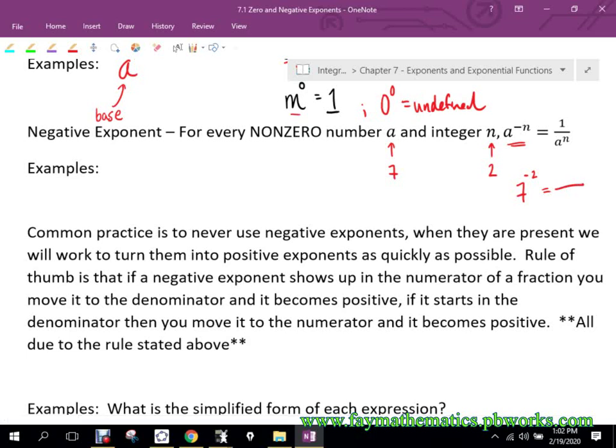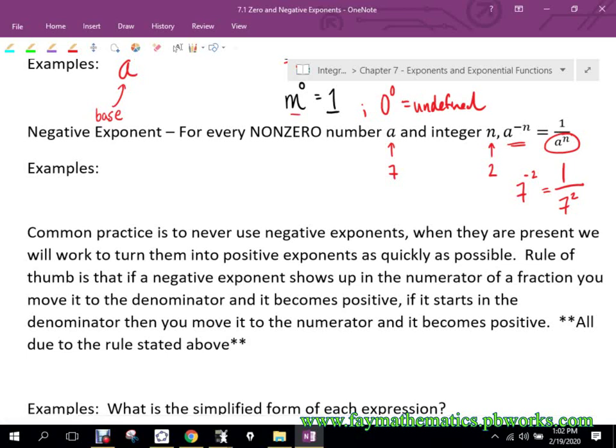So we need to manipulate this so that we don't have negative exponents. What this says we're able to do is rewrite the numerator here as 1 and take this A, so this was A to the negative n, and change it to A to the positive n as long as we put it in the denominator. Does that kind of make sense?